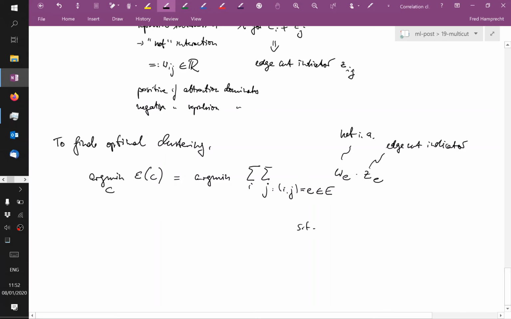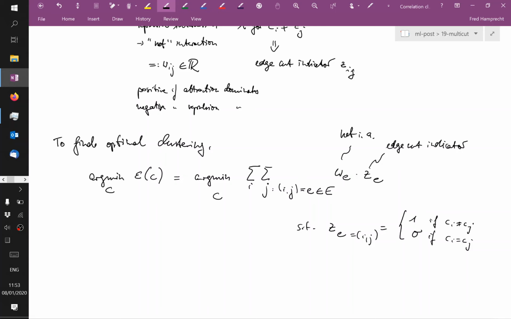And this edge cut indicator was defined in terms of node labels. So it was 1 if the node labels were different, and it was 0 if they're the same. And this minimization here is still over the node labels C. But now we have a formulation which is almost in terms of edge labels.